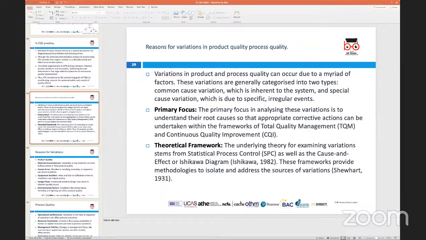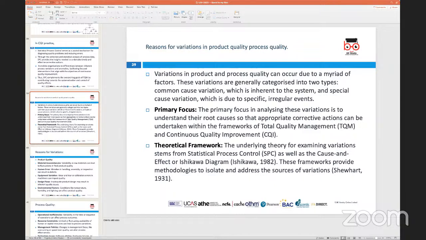So here, the primary focus of quality managers, quality assurers would be to understand what is the root cause of these variations. And these root causes of variations will need to be put into what is called a corrective action plan, CAP.